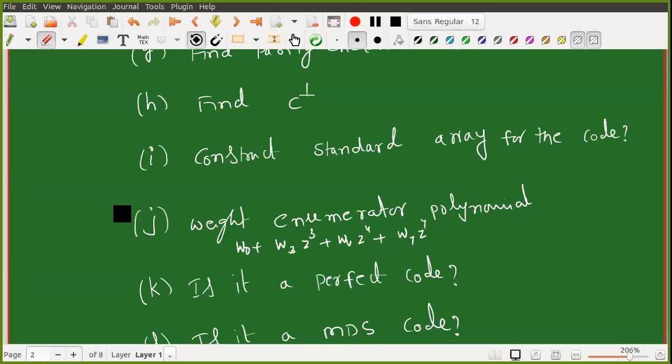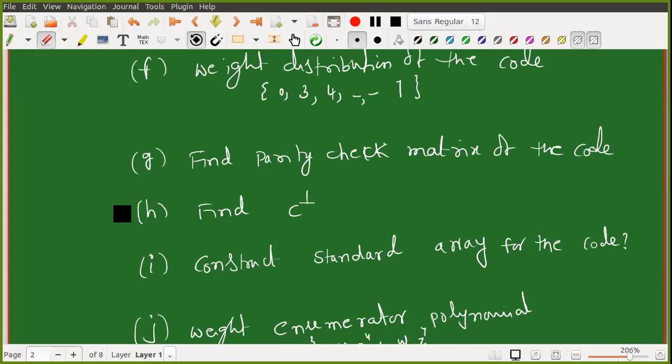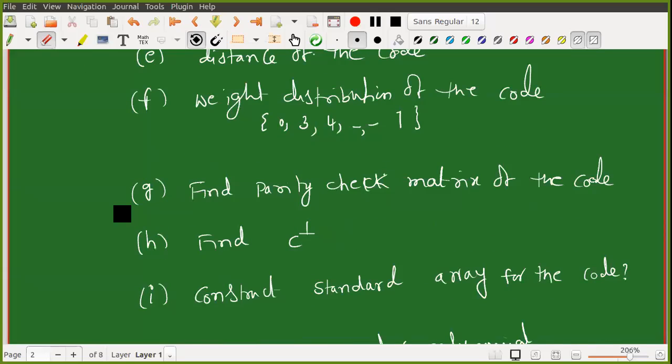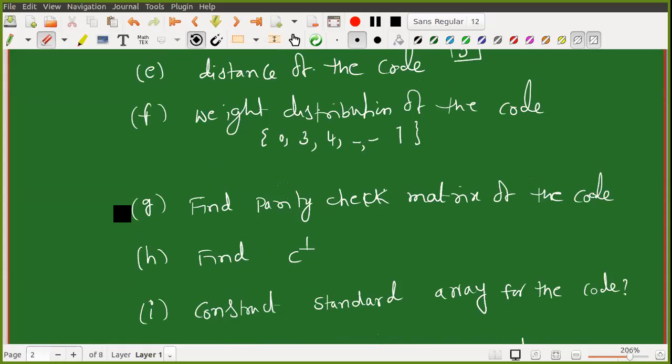Okay, before going further, has somebody computed the parity check matrix? Any one of you? Aditi can tell.